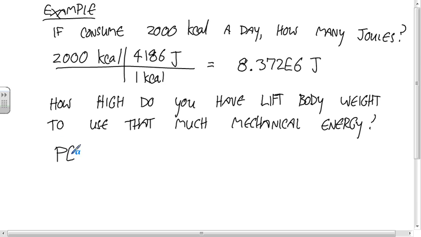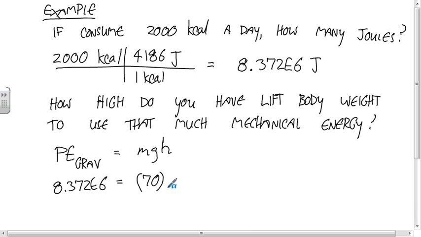Anyone remember the formula for gravitational potential energy? Yep, mg times height. So mass times 9.81 times the height. To create that much potential energy, 8.372 times 10 to the 6th is equal to 70 times 9.81 times h.